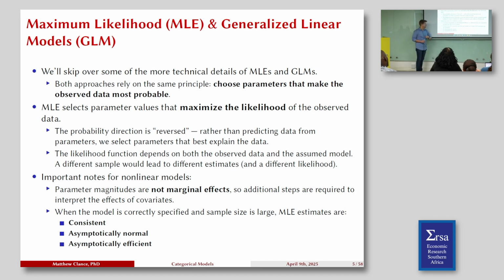In nonlinear models, I sort of already pointed to this, parameter magnitudes are not marginal effects. What I mean by this is that the coefficients that you see without context are meaningless. Okay? What I mean by that, if we assume a probit model, we'll get more into this in a minute, basically that coefficient is adjusting the z-score.